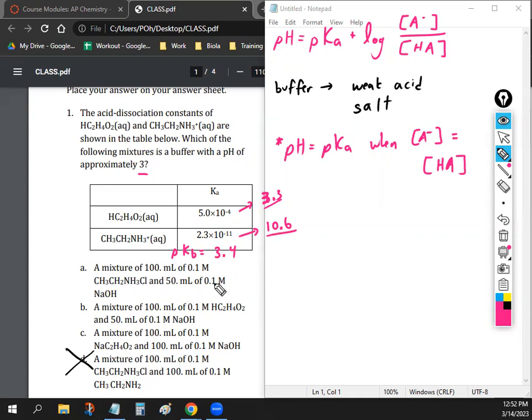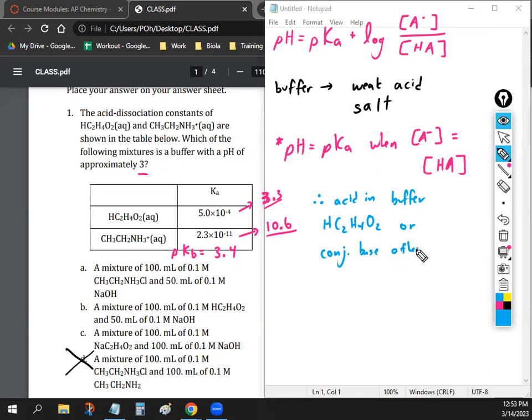So the conclusion that we can draw from that is the acid in the buffer is going to be one of two compounds. It's either going to be this compound right here, HC2H4O2, or it's going to be the conjugate base of the other compound.